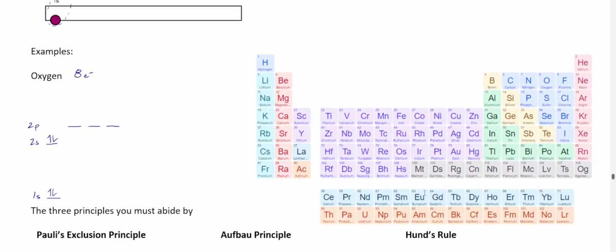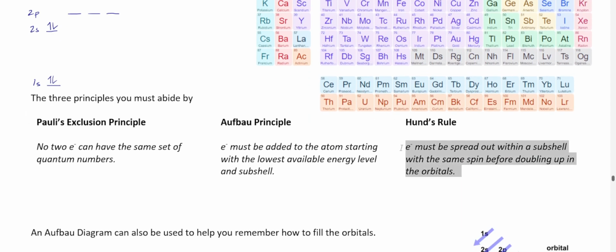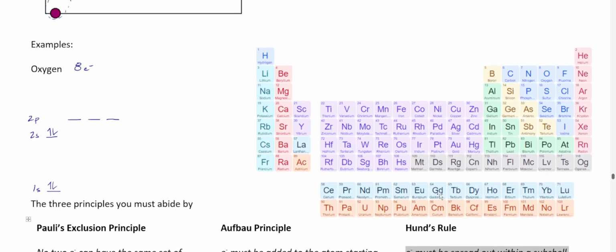So this rule right here is known as Hund's rule. Electrons must be spread out within a subshell with the same spin before doubling up in orbitals. Okay, so I place 1, 2, 3, all with the clockwise or up spin. And now I still have 1 electron left to place, so now I begin doubling up.